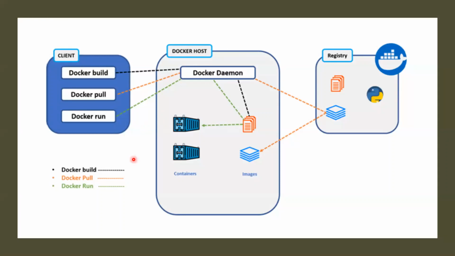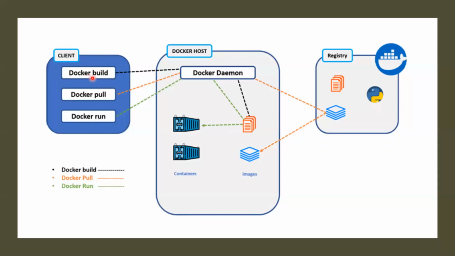What it is doing: this client is nothing but a command prompt. You can run Docker build, Docker pull, Docker run, which are commands. When you run Docker build, it will interact with the Docker daemon. Docker build can be used only when there is a Dockerfile.